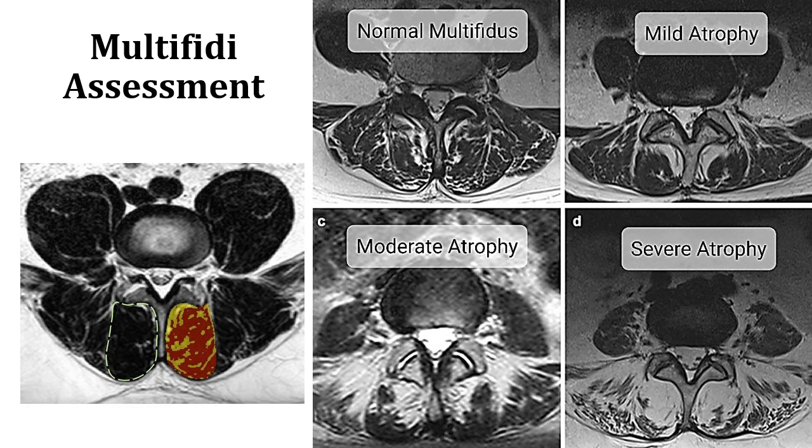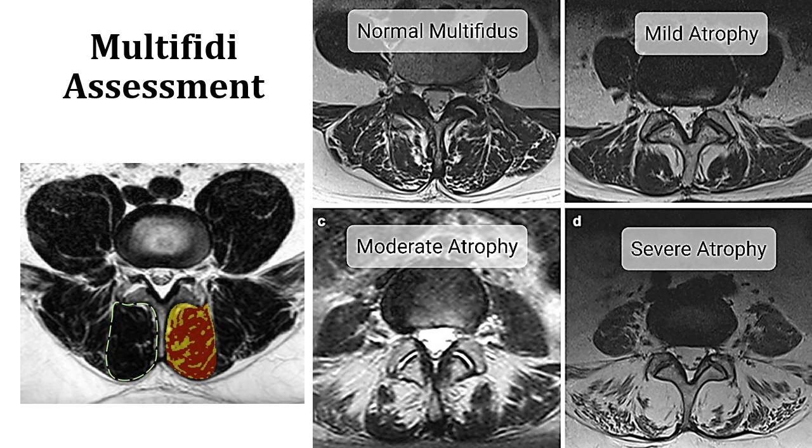Here you have normal, mild, moderate, and severe atrophy, as shown by each of the four figures to the right. The normal is comparable to what you saw in the first image, and you can see the amount of red and the high percentage that makes up of the multifidi.